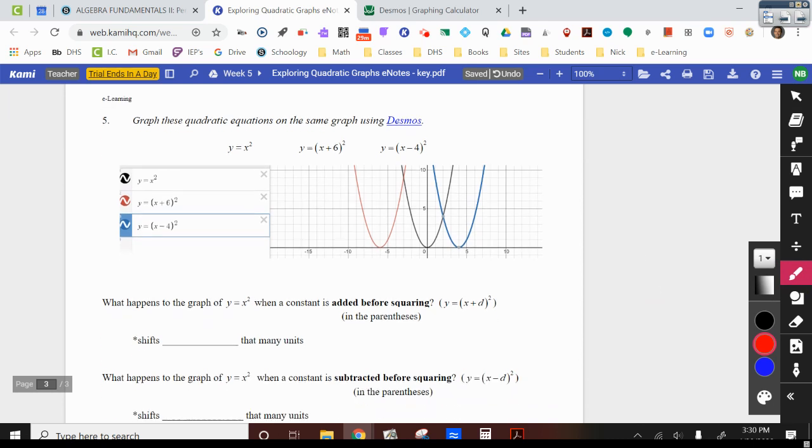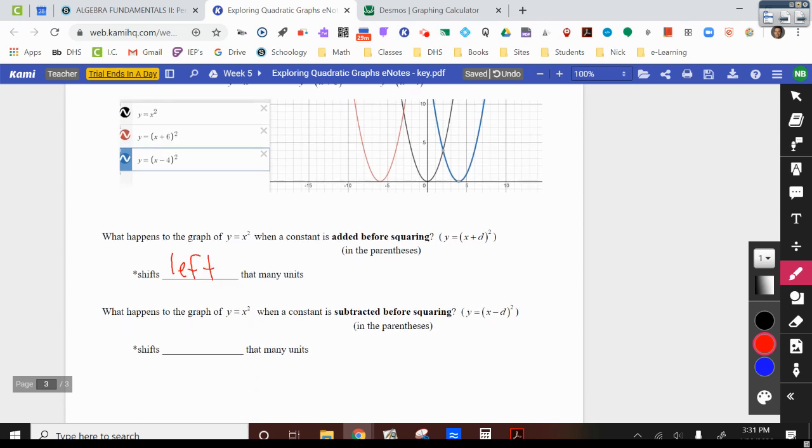So what happens to the graph when a constant is added before squaring, meaning it's in parentheses? It's going to be shifted to the left that many units. It kind of acts opposite of what you think, like that point-slope form we talked about earlier this year.